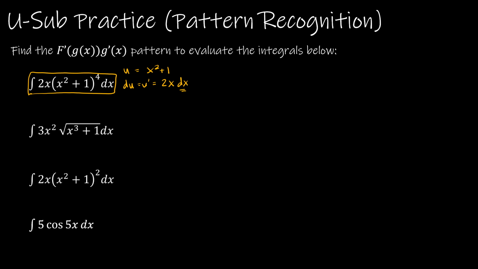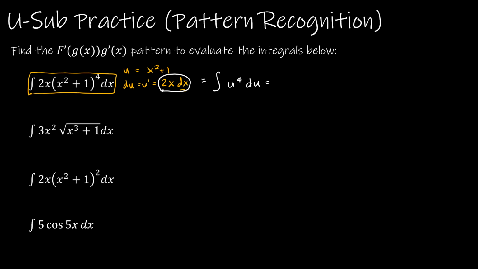If I now have the integral of u to the fourth, because u is x squared plus 1, and then I also have 2x and dx. Well, notice that's just du. So I can rewrite that original function, and notice I've accounted for all of the parts, as the integral of u to the fourth du.